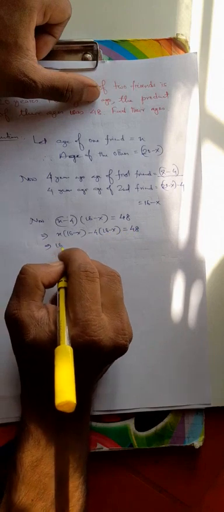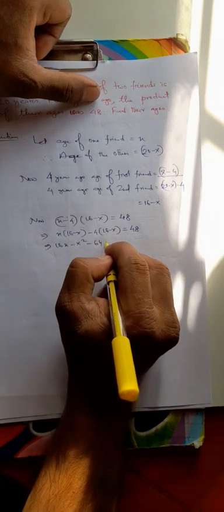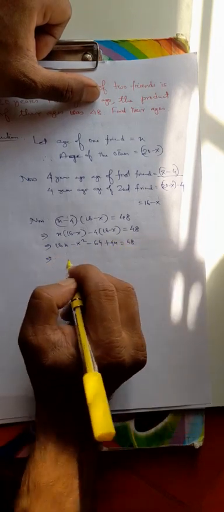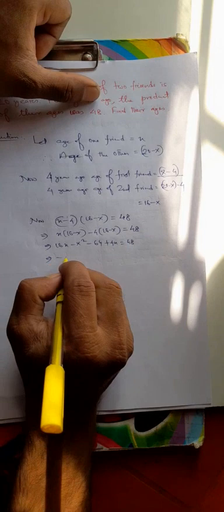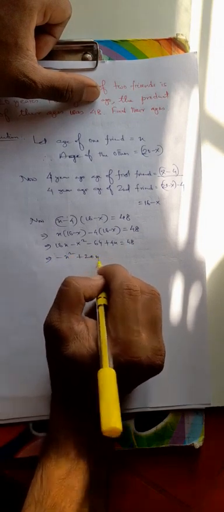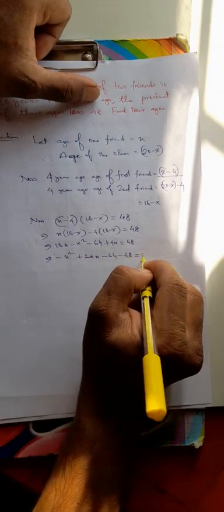This means 16x minus x square minus 64 plus 4x equal to 48. This implies minus x square plus 20x minus 64 minus 48 equal to 0.